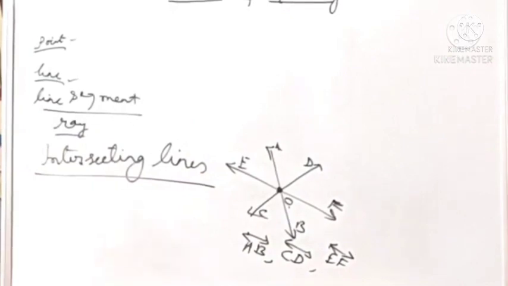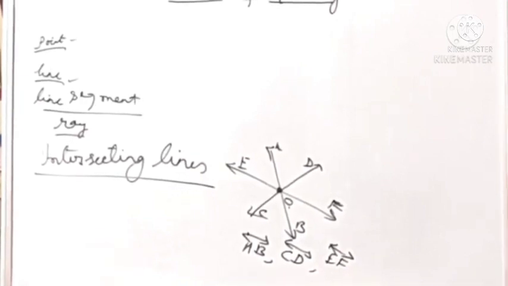So here lines AB, CD, EF are intersecting lines, and the point O where they are intersecting each other will be known as the point of intersection. I think you have got intersecting lines.